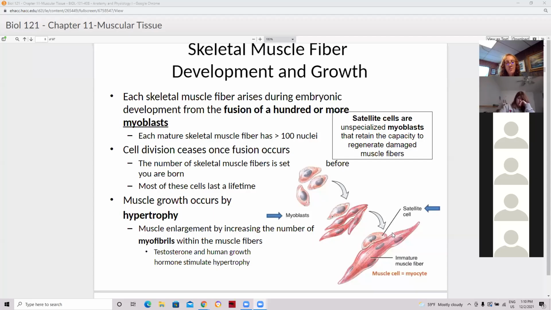With that in mind, you are born with all of the skeletal muscle fibers you will have. So you are born with all of the muscle cells you will have. Most of these cells are going to last a lifetime.